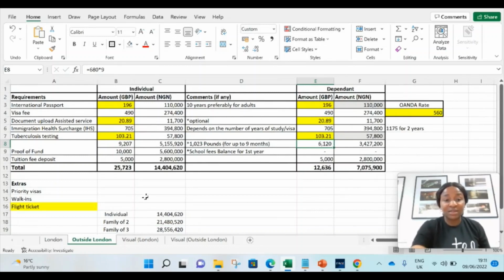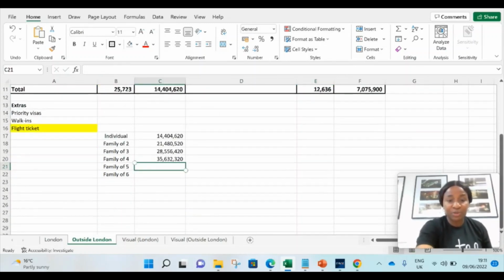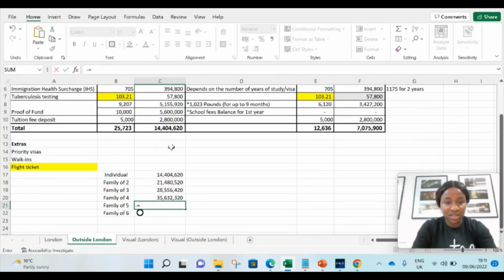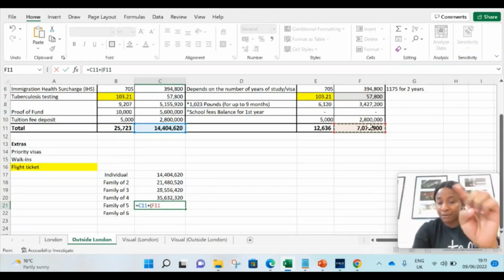So I've done the same thing, populated. Oh, I didn't finish populating this, but we can do it together. You understand what I was saying? So this is equal to the value for the individual plus the value for one dependent times 4, because for a family of five, you have the student and four other dependents.